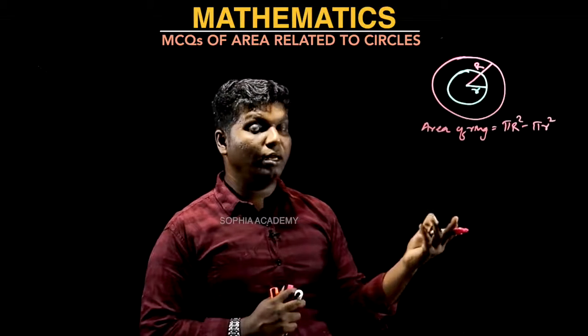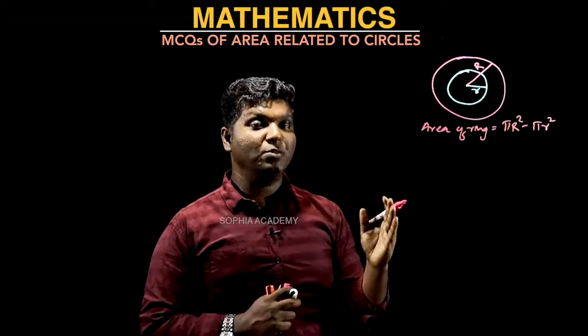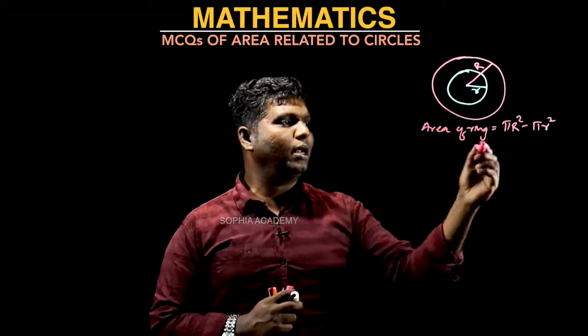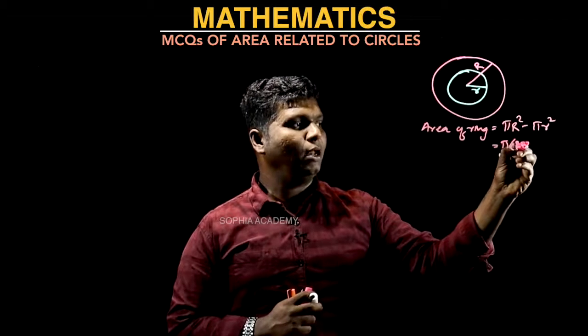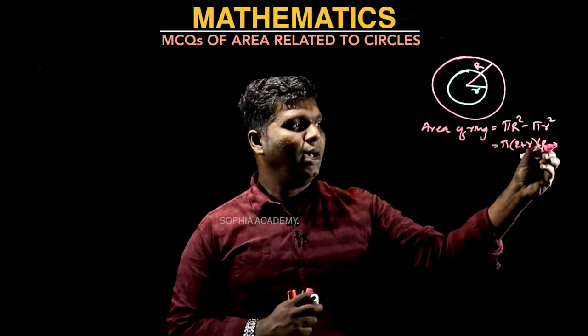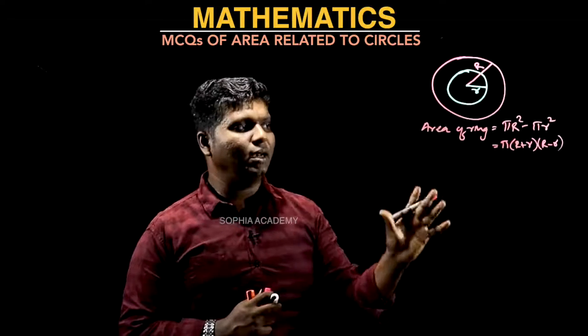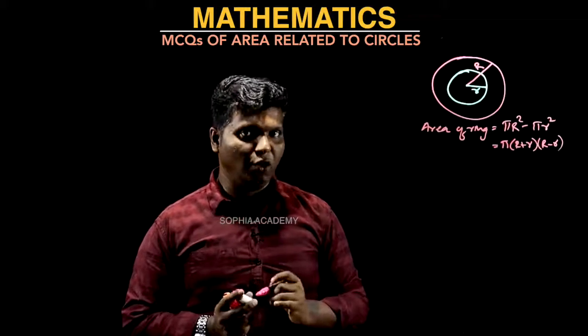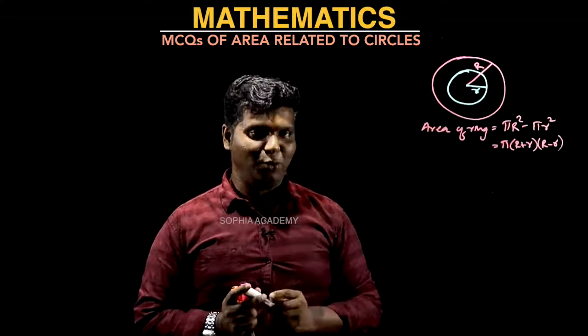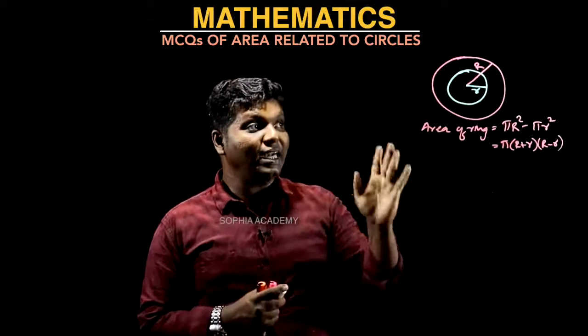So what is R square minus r square? Because a square minus b square is (a plus b) into (a minus b). So you can write it like this: taking pi outside, pi into (capital R plus small r) into (capital R minus small r). So in general, we use that typical equation whenever we want to find the area of a ring or area of a circular path. Is that clear? Okay, that is the first thing.